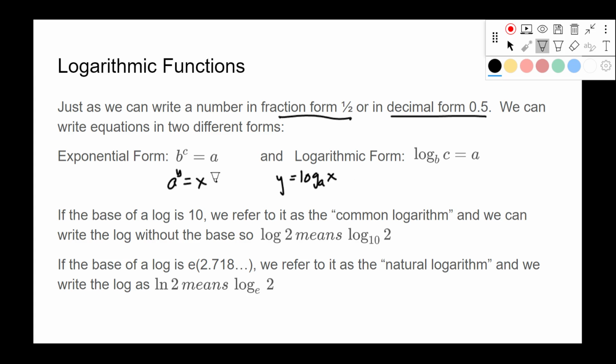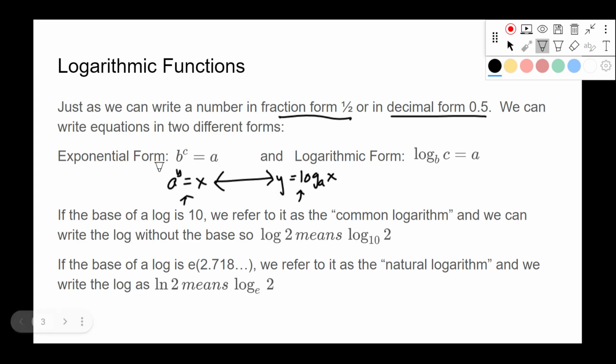These two forms are interchangeable. That's one of the most important things you need to understand about logarithms. If you can't solve a problem in this form, 95% of the time, if you switch it to this form, you'll be able to solve it. So you can go one or the other, your choice, whichever's easier to work with.